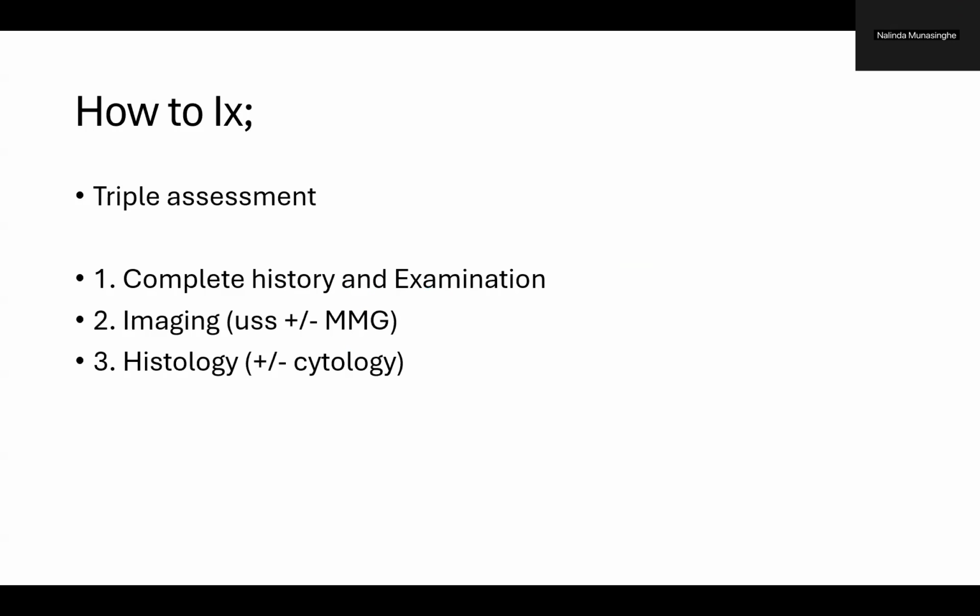So any breast lump, whether it's benign or malignant, clinically, how will we proceed? The golden principle is triple assessment. So 3 things is assessed. First is very important, the complete history, including the risk factor assessment and including their family history.